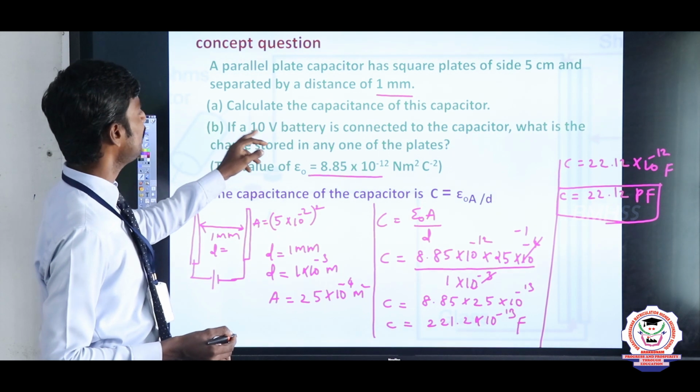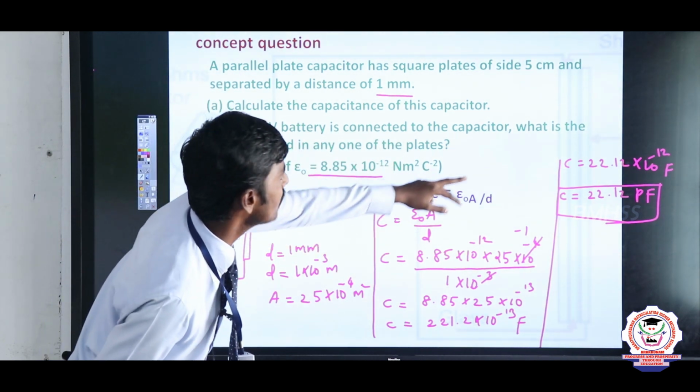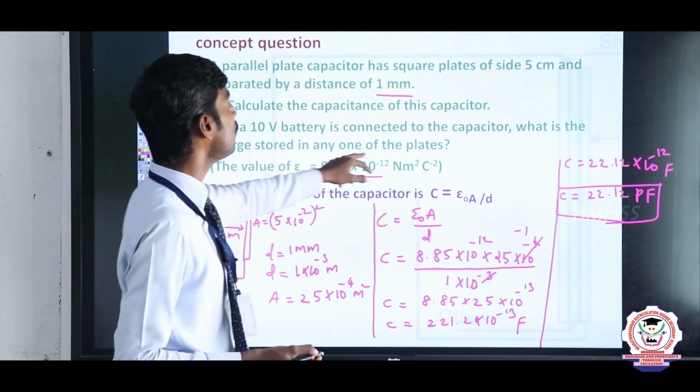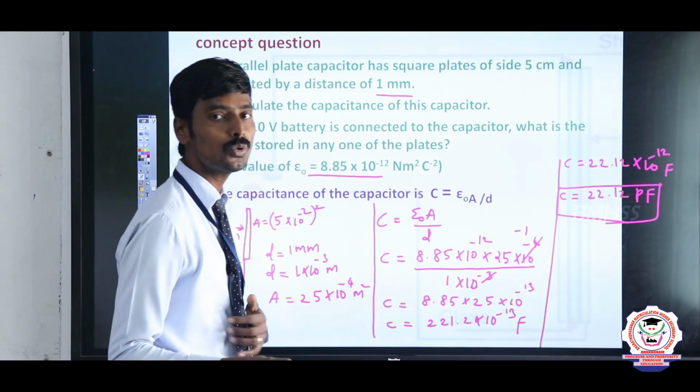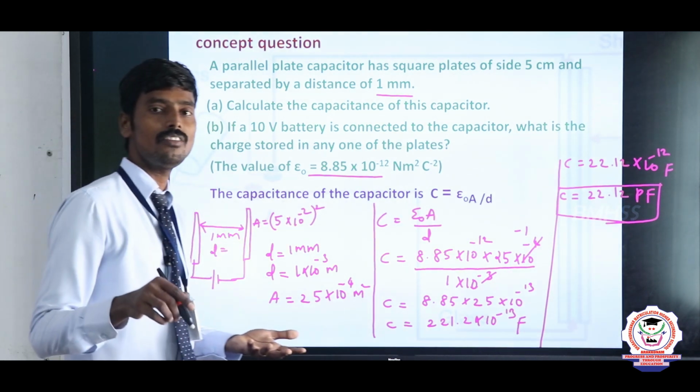If a 10 volt battery is connected to the capacitor, the question asks for the charge stored in any one of the plates. We know that C equals Q by V, and we need Q only.